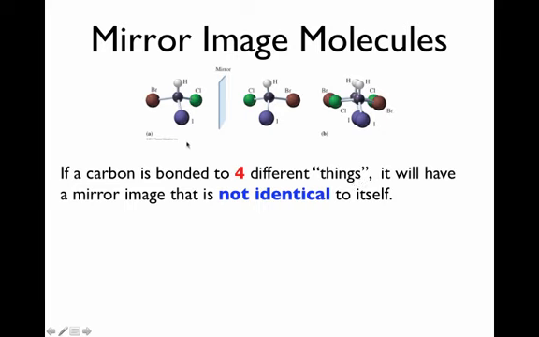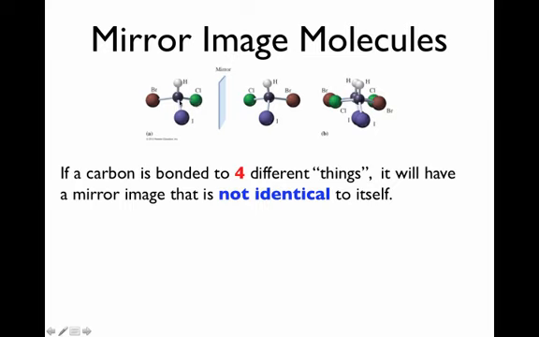But if you have a molecule and there's a carbon atom and the carbon is bonded to 4 different things, and here this carbon atom is bonded to 4 different things: a hydrogen, chlorine, iodine, and bromine. They're not the same thing. Then that molecule is going to have a mirror image that is not identical to itself. And in this case, here's the mirror image that isn't identical to itself. This carbon has 4 different things attached to it, so it will have a mirror image that's not identical to itself, or it'll have a stereoisomer.